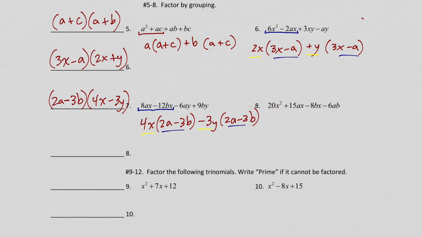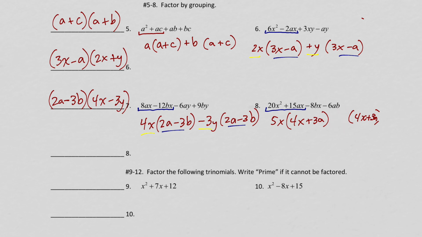Again, I have 4 terms, so I'm going to factor by grouping. I'll take those first two, and I see a 5x in common. So I pull that out, and it leaves a 4x plus 3a. So I'll leave a big space, and I'll put 4x plus 3a down again. And then I'll think about what I have to put here so that when I distribute, I get back to a negative 8bx and a negative 6by.